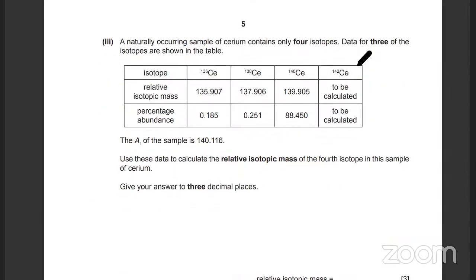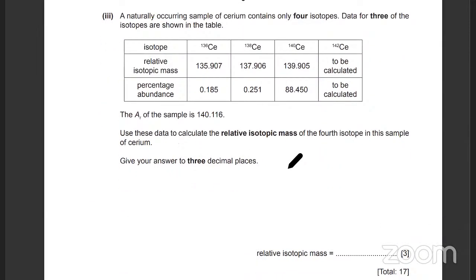Now the next part is about relative atomic mass. What's the formula for calculating Ar? It's the fractional percentage abundance of each isotope multiplied by the isotopic mass, and you sum all of them up. They're asking you to give your answer to 3 decimal places, and the Ar is already given, and you have to find the isotopic mass of the 4th isotope.